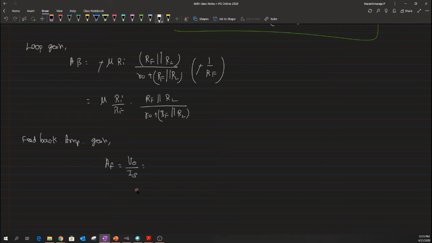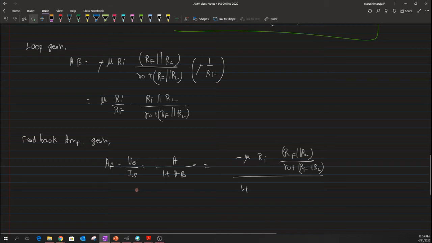That is always defined as capital A divided by 1 plus A beta, and now that we have already computed all of these expressions, it is just a simple substitution of A at the top, Ri, and then Rf parallel with RL. So, it's a pretty lengthy expression.